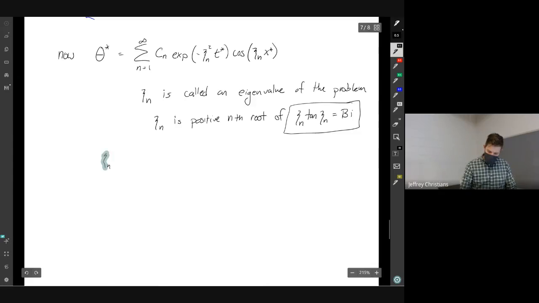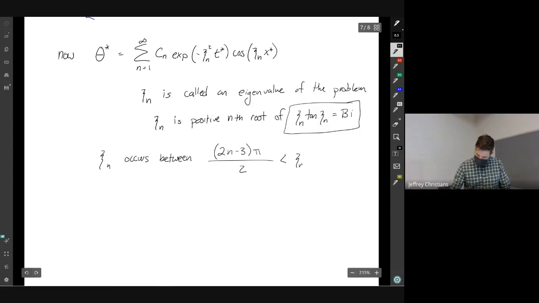For solving it, this is a fairly important point. The nth root occurs between 2n minus 3 pi over 2, less than Cn, which is less than 2n minus 1 pi over 2.